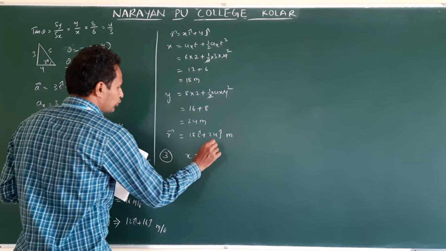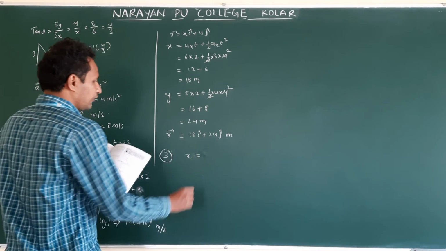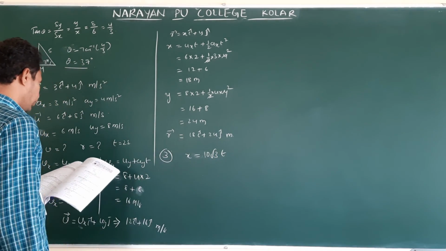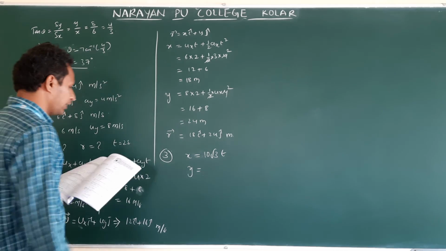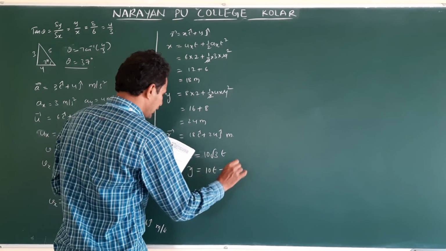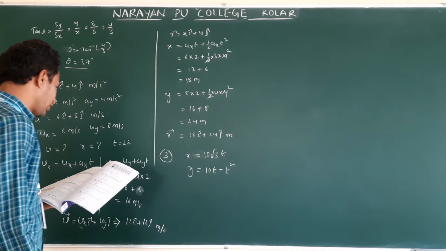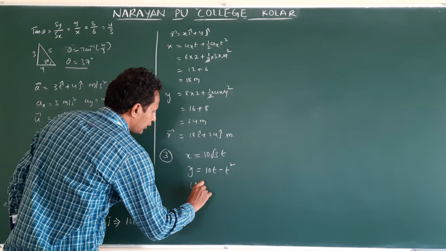X is equal to 10 root 3 t. And the y coordinate is also given. Y component is 10t minus t square. Find the final velocity. V is the question mark.